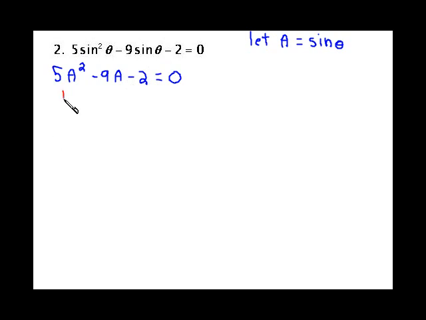Looks like it might be a bit of a problem to factor, but let's see what happens. We know that that first term must break into 5a and a, has no choice. And I believe that this would be 2 on the bottom, 1 on top, a minus 2, and then 5a plus 1 will work.